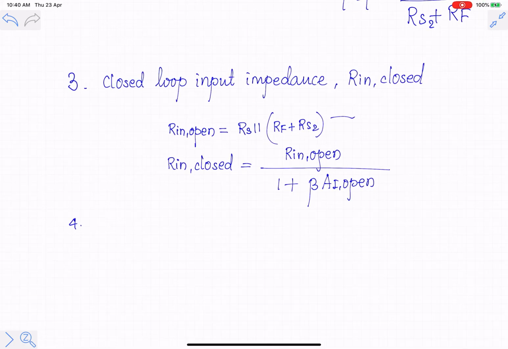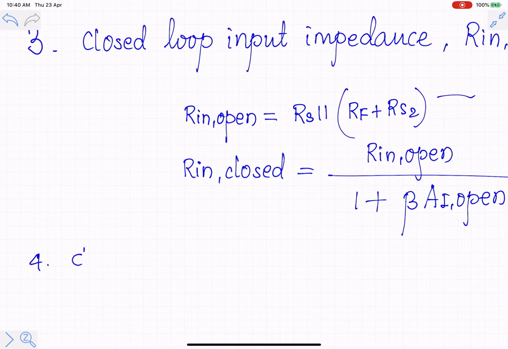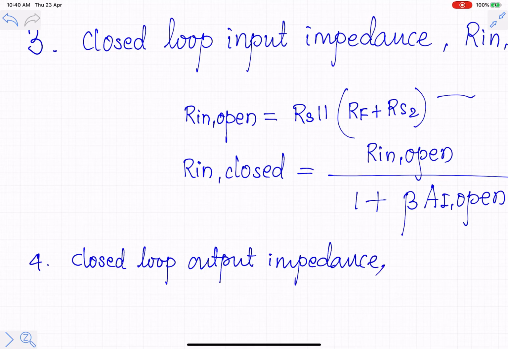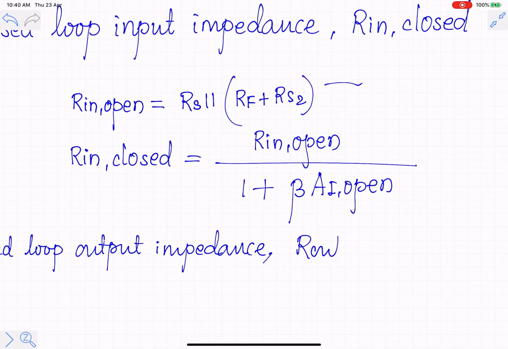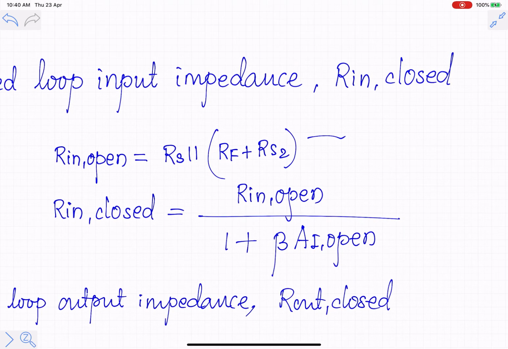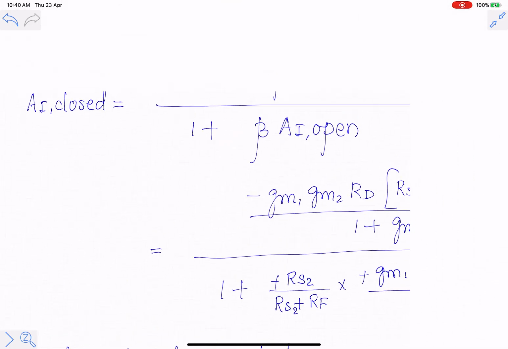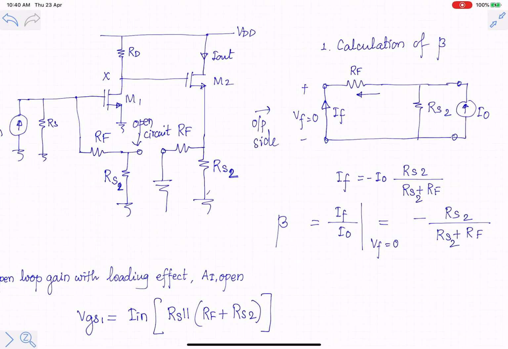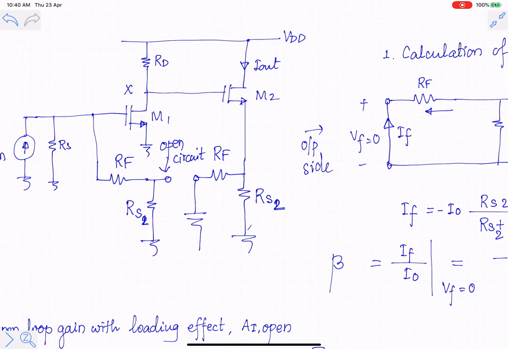The fourth quantity is the closed loop output impedance, which is R out closed. As an example, I am solving this. It is not asked in the problem to find out R in closed and R out closed, but you can see that in the circuit with loading effect, the resistance seen by I out is RS2 parallel RF.